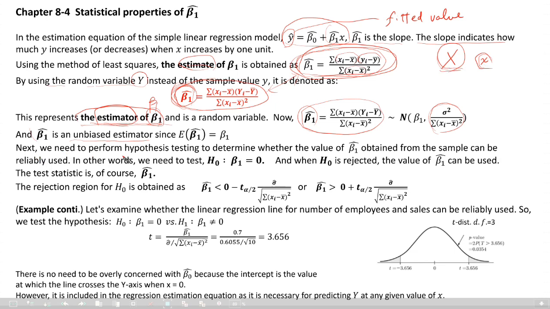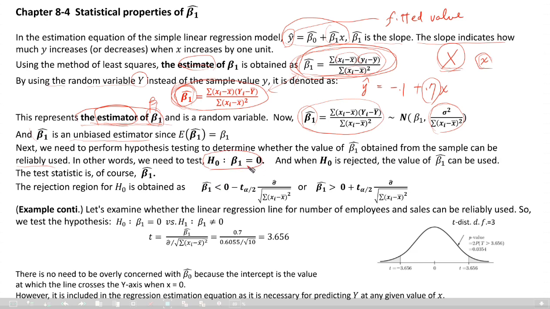Next, we need to perform hypothesis testing to determine whether the value of beta 1 hat obtained from the sample can be reliably used. Can we use that estimate, 0.7x plus or minus 0.1, y hat? Can you use this value for a report or some other place? So we have to test H naught: beta 1 equals 0 or not.